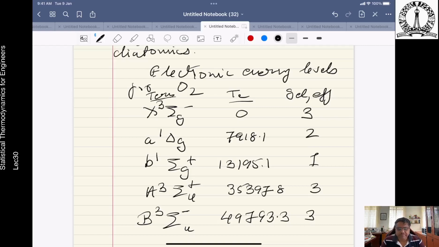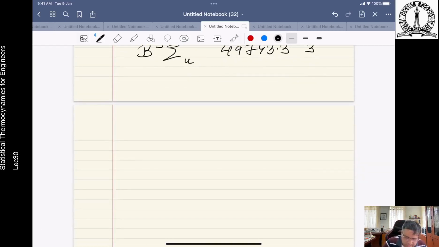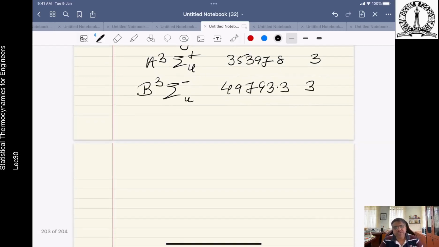Now this was already done, and if you look at the figure for oxygen, if you recall this figure once again, it's basically figure 6.10 from the text, where the same energy levels were represented in a pictorial fashion. If you take both of those into consideration, this table and the corresponding figure, drawn in the form of a potential well, you will find that most transitions from the ground to the upper electronic states of oxygen are forbidden.